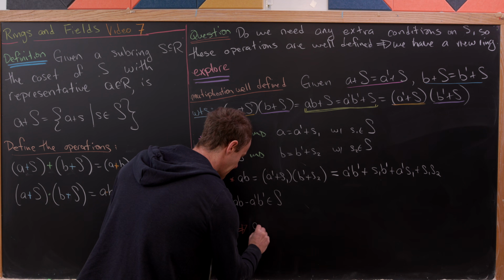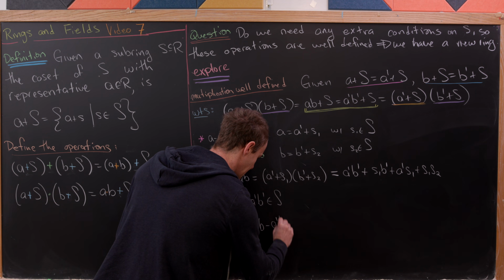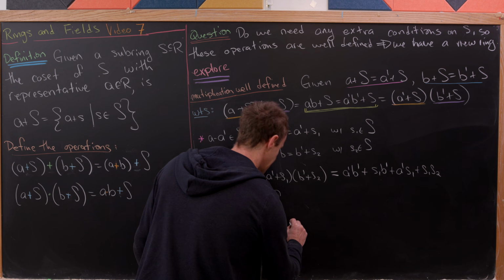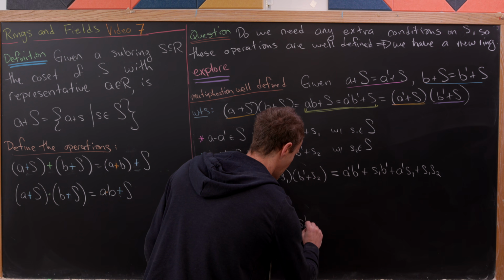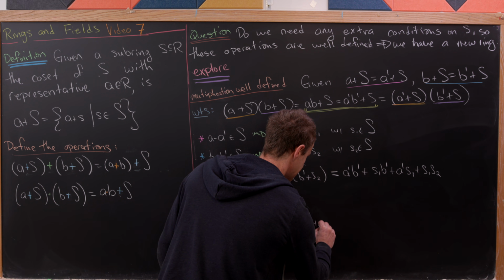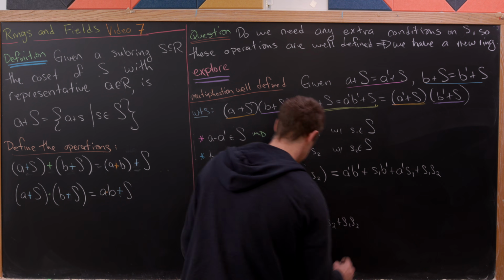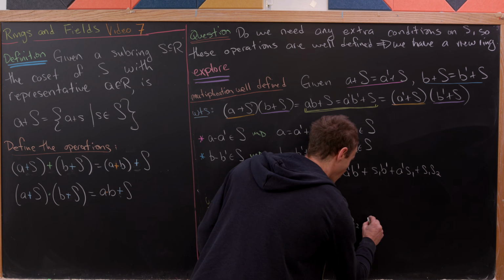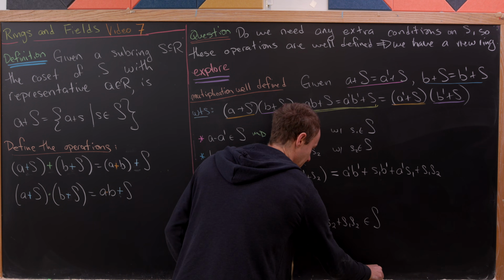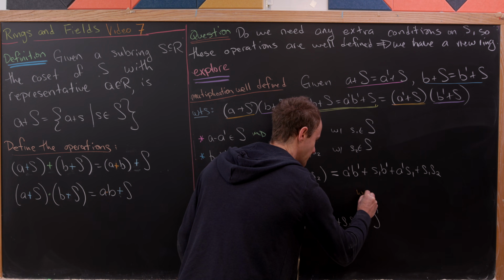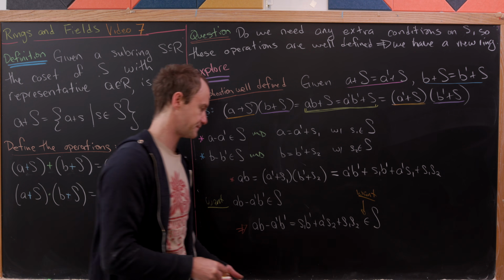And we'll see that we get A times B minus A prime times B prime is equal to S1 times B prime plus A prime times S2 plus S1 times S2. And we want that to be an element of S. So I'll just put here that this is what we want to happen.